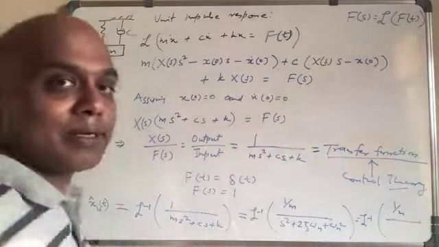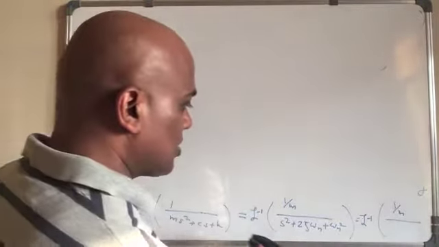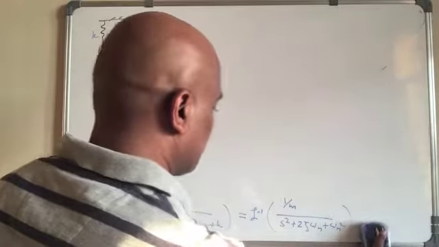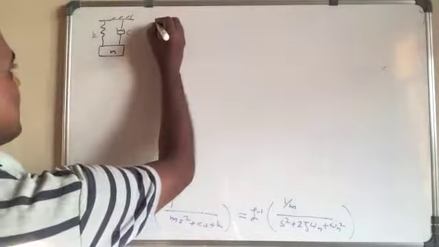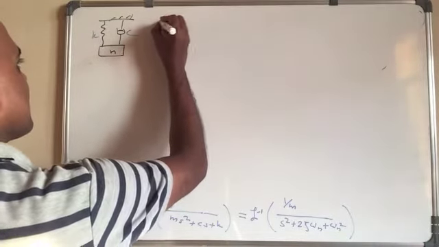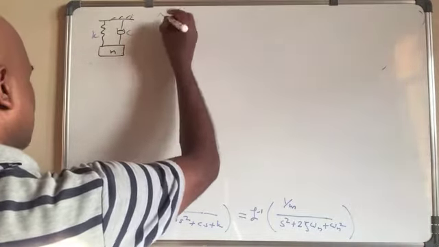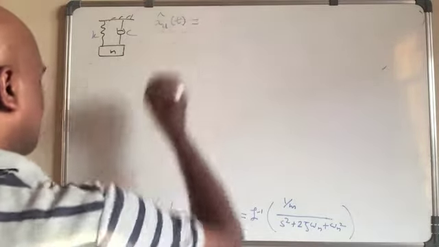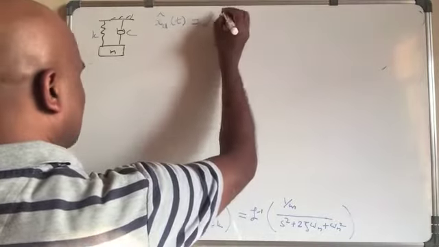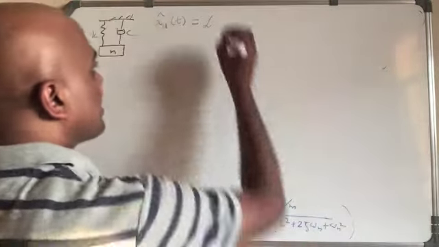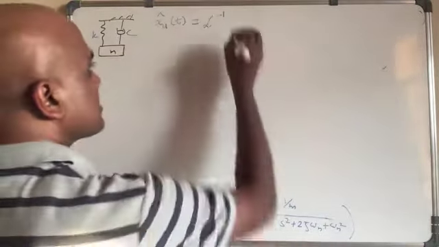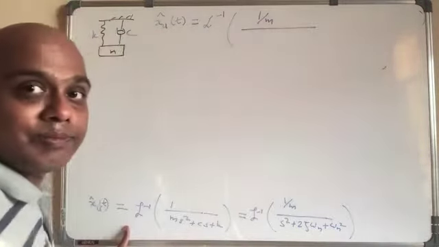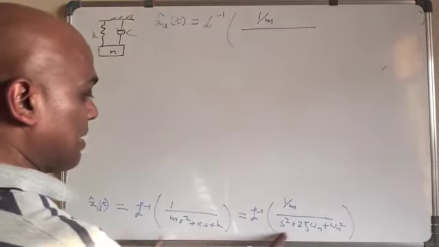Okay, let's write this term up. So here the unit impulse response becomes equal to L inverse of 1 over m divided by, what do we have?